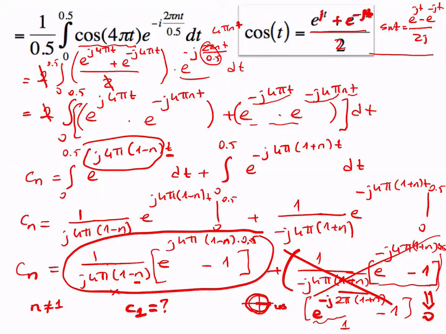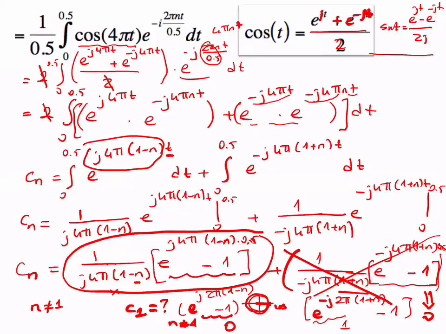And it becomes like e to the power 1 minus n, and then e to the power j 2 pi 1 minus n minus 1. I'm just focusing on this part. What is this? Again, if n is different than 1, this is always 1, and 1 minus 1 is always 0.